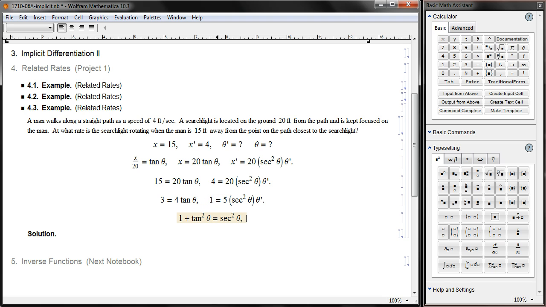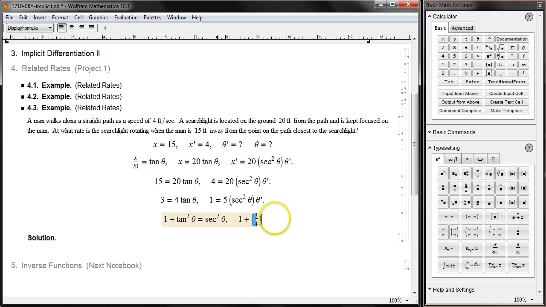So what do we have here? 1 plus, what is tangent of theta? We can find out from here, right? It's 3/4. That's equal to secant squared. Okay. What is secant squared of theta?